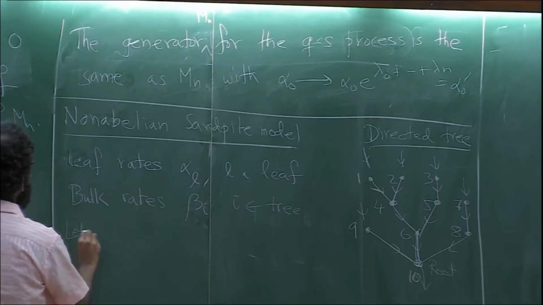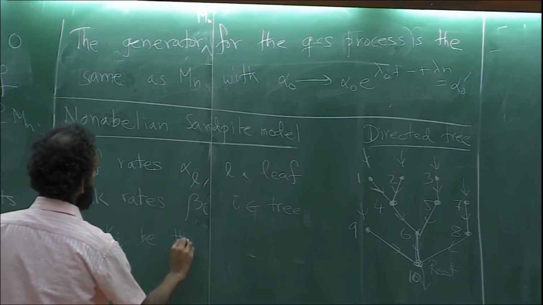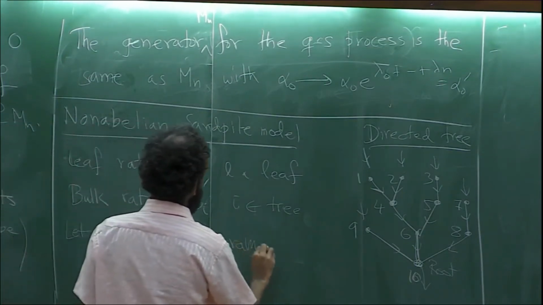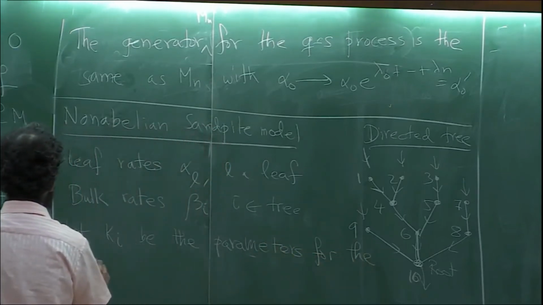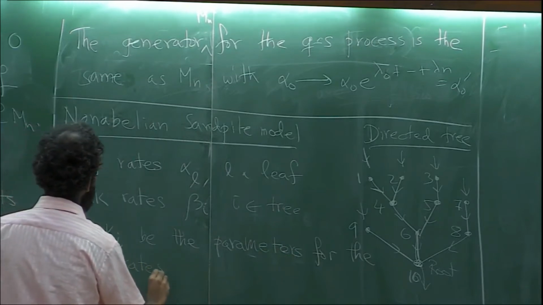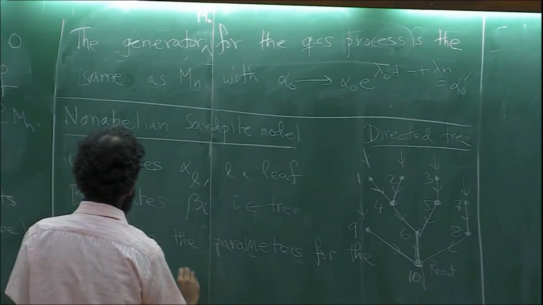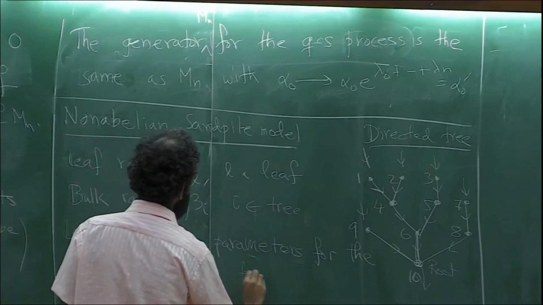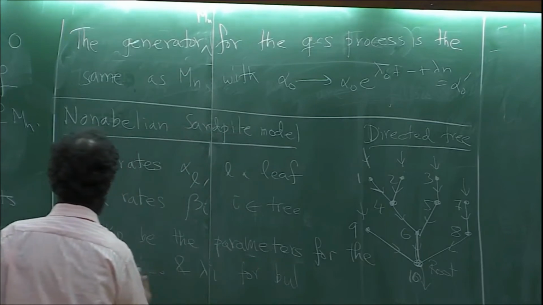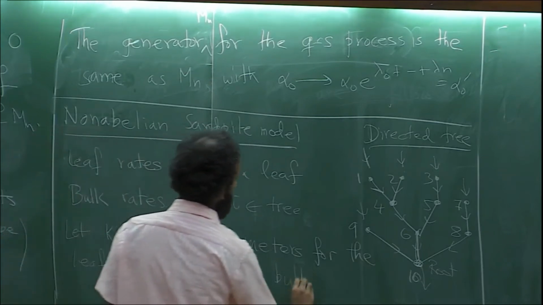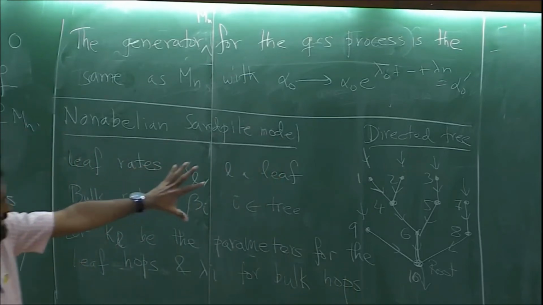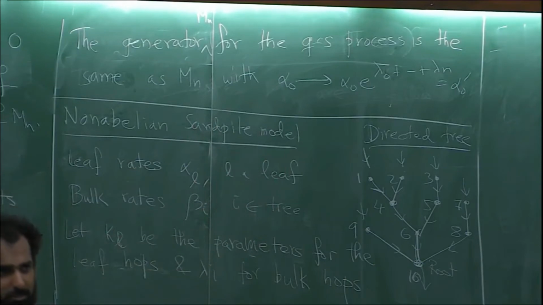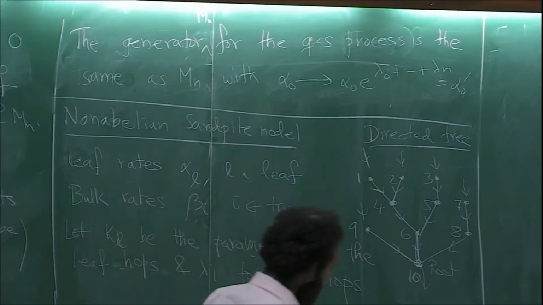Let kappa L be the parameters for the leaf rates, for leaf hops, and lambda I for bulk rates, for bulk hops. I should say that the generator of this also has a very explicit description for its eigenvalues in a similar vein as what we had.